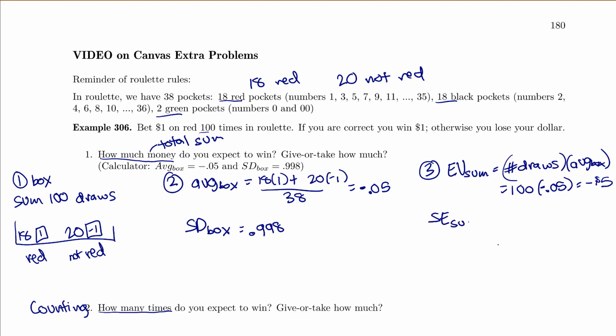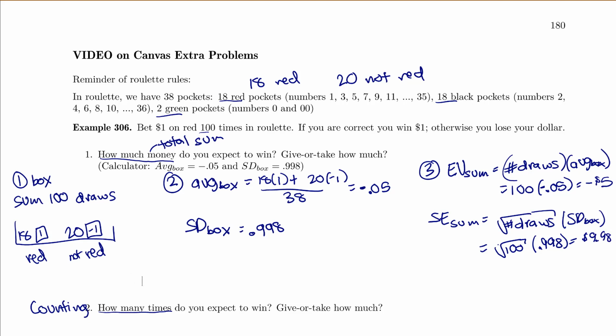And the SE of the sum is equal to the square root of the number of draws times the SD of the box. So the square root of 100 times 0.998 gives me $9.98.